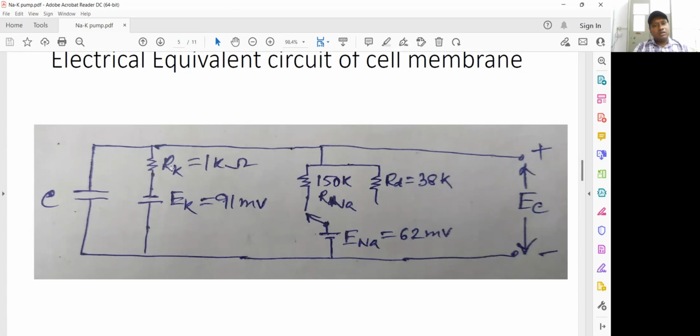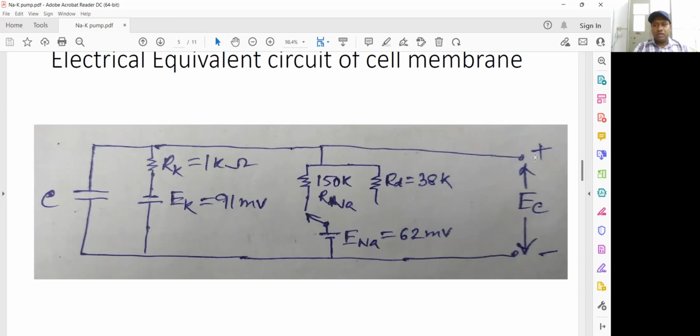RK is a resistance of 1 kilo ohm. EK is a battery arrangement, a DC power source, of 91 millivolt. Similarly, there is RNA whose value is 150 kilo ohm, RD is 38 kilo ohm, and ENA is another DC power source whose value is 62 millivolt.